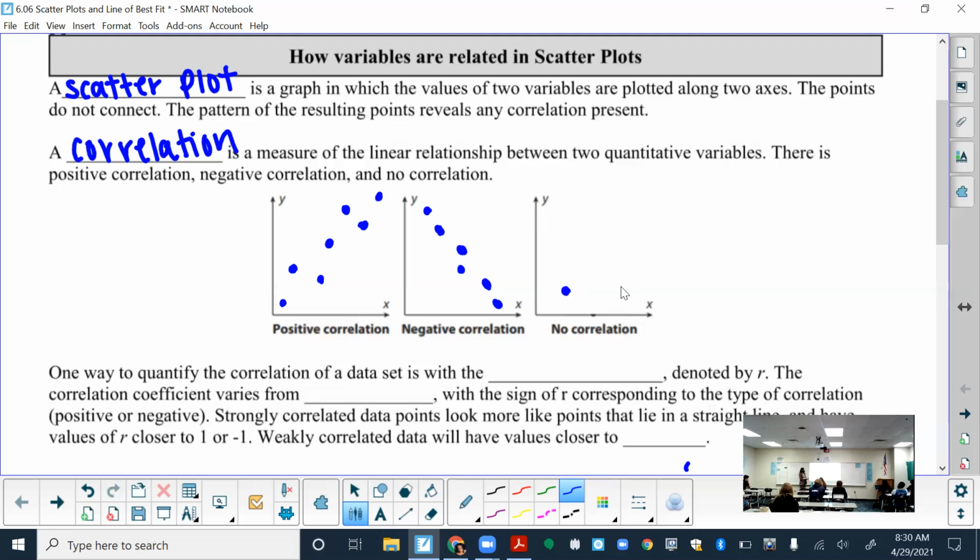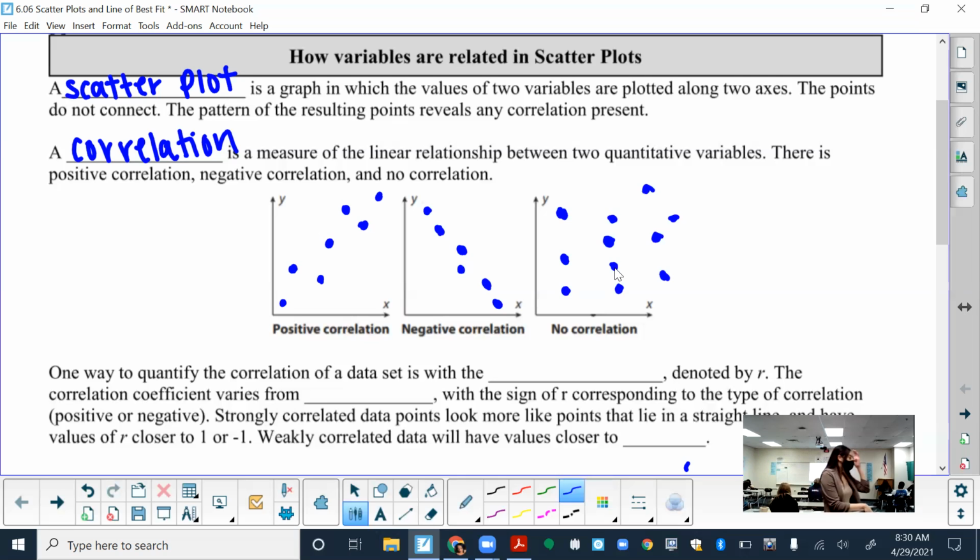So it would be basically just a bunch of dots that seem to have no certain relationship, right? They don't have where it's increasing or decreasing. It's just random.